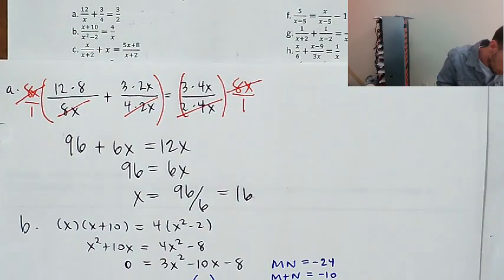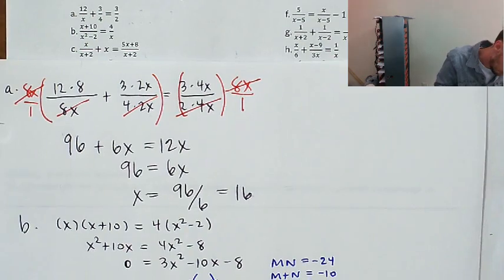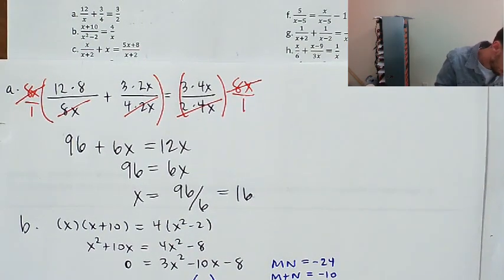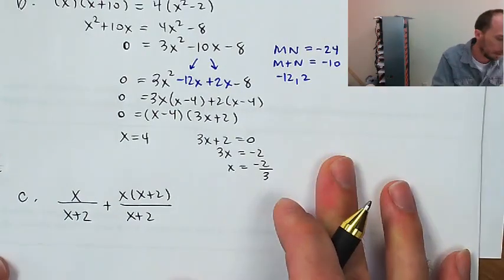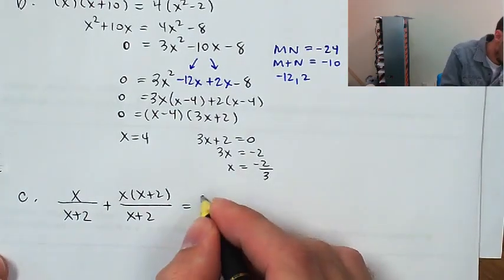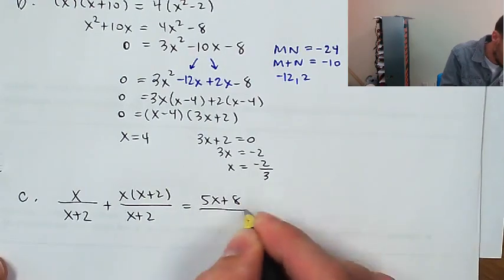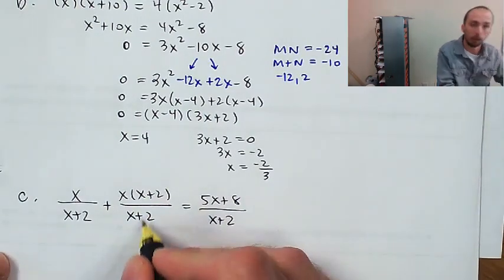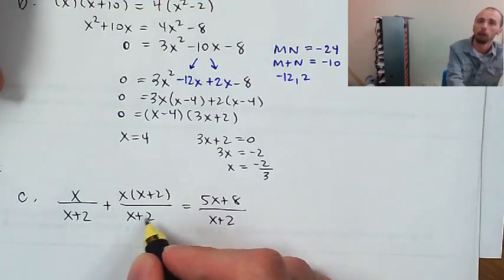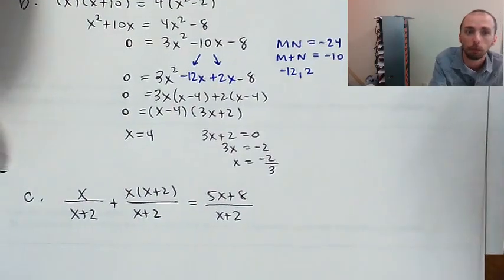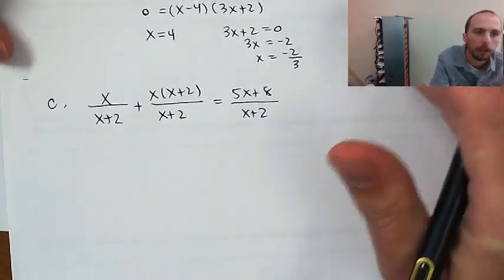X over x plus 2. And that's going to equal 5x plus 8 over x plus 2, right? In order to get a common denominator, I took this x and I multiplied it by some special form of 1 that would be beneficial to me.